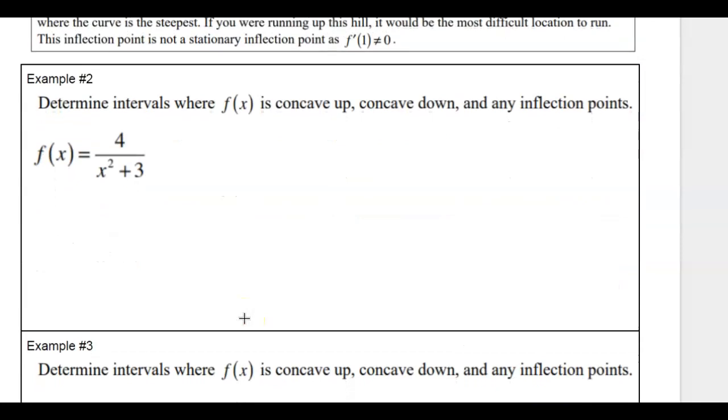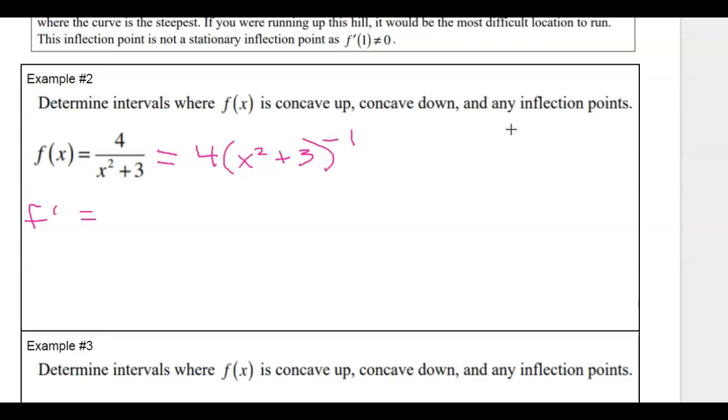All right, so example number 2, I thought I'd find a rational function, determine where the intervals are concave up and down and inflection. So just as a review, if you don't have a variable in the numerator, remember you don't have to do a quotient rule. It's an option. So I'm going to bring this up with a negative exponent. That way I can do a chain rule. Since I have to do 2 derivatives, you want to make this as nice as possible.